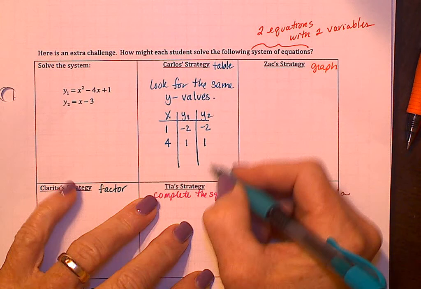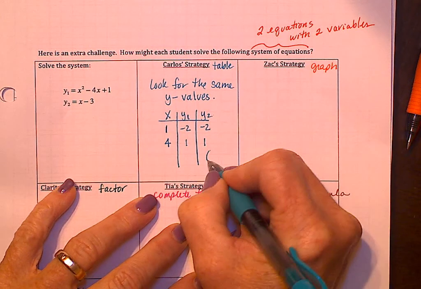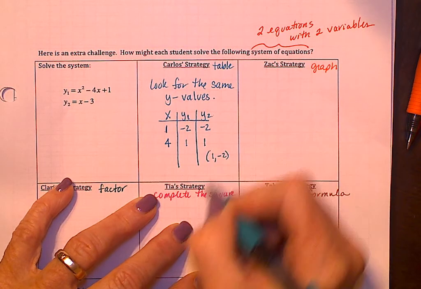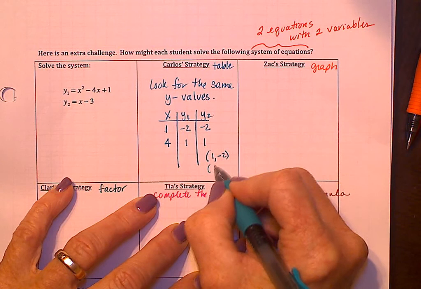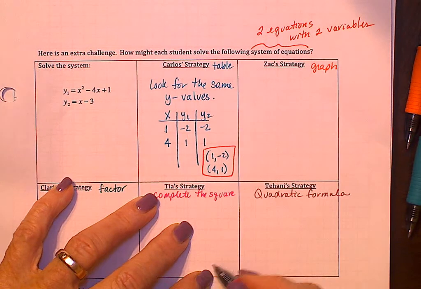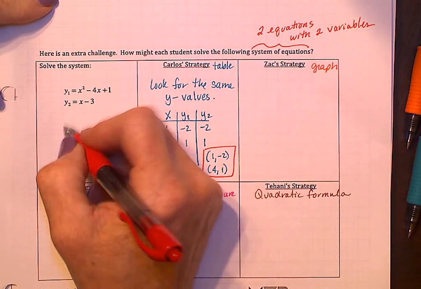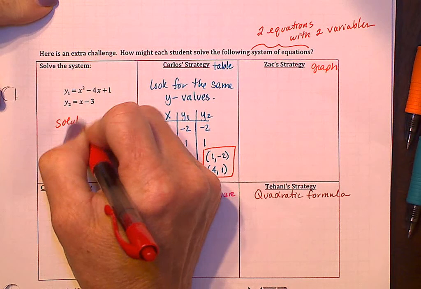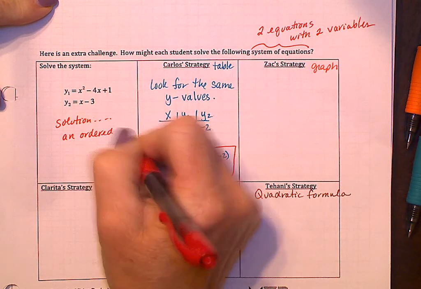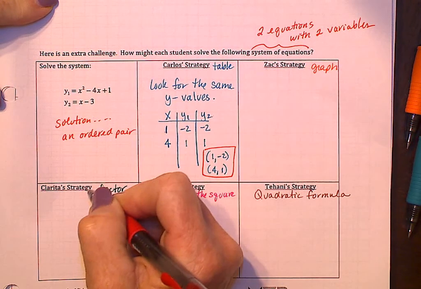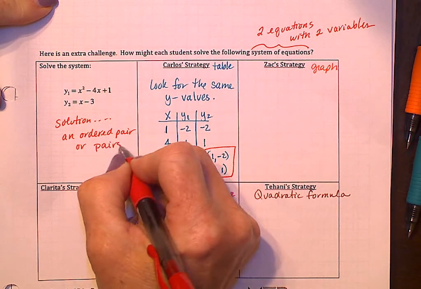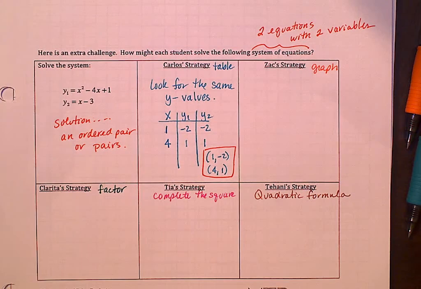So it gives us ordered pairs now. Our solution is going to be ordered pairs. So we're going to have 1, -2, and also 4, 1. That's the solution. The solution to a system of equations is an ordered pair. Sometimes there's more than one, so ordered pair or pairs. In this case, there are two solutions.